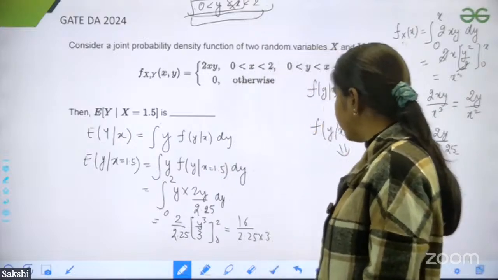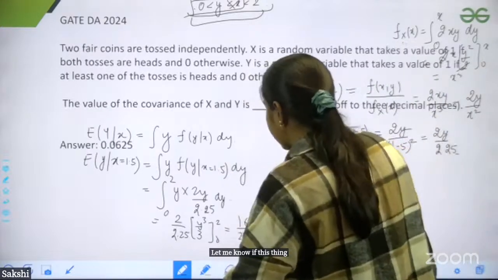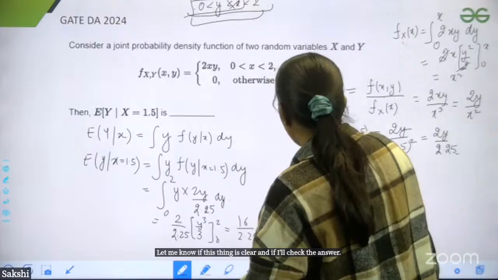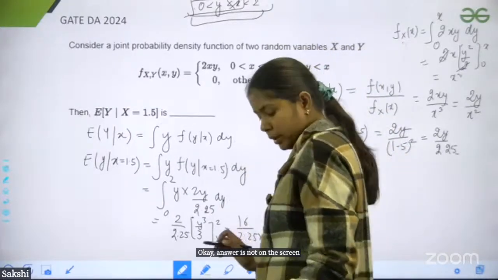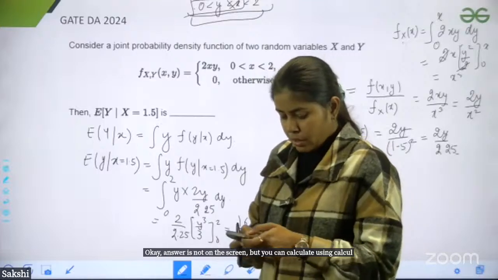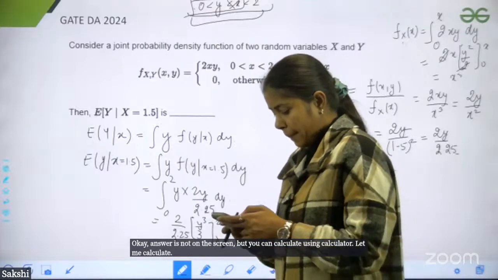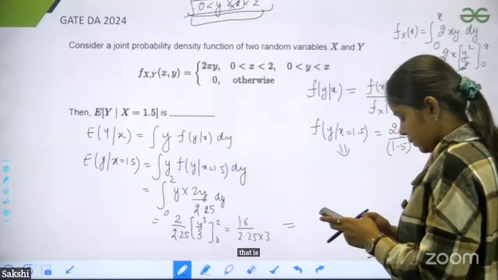Let me know if this is clear and I'll check the answer. Okay, the answer is not on the screen, but you can calculate using a calculator. Let me calculate.